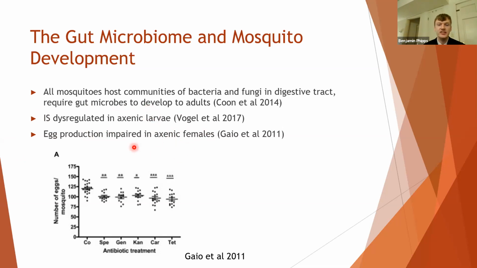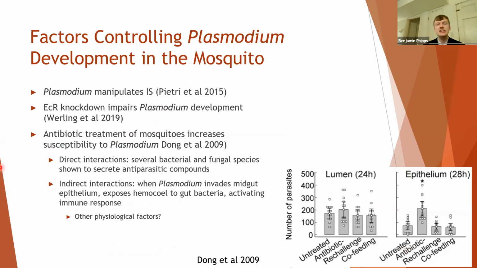Axenic means basically germ-free. And these reproductive processes are thought to be tightly linked to the life cycle of Plasmodium, because these physiological changes in the mosquito are triggered by the blood meal, which, if the blood meal was taken from an infected host, also contains the parasite.